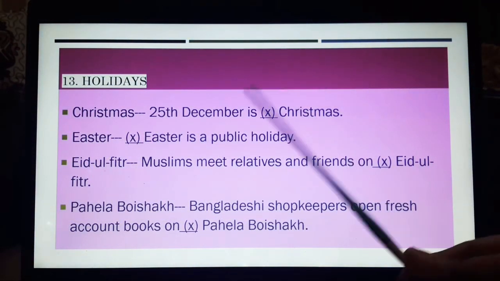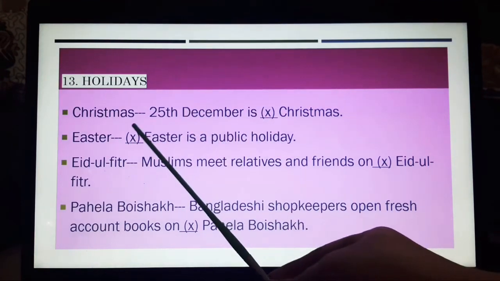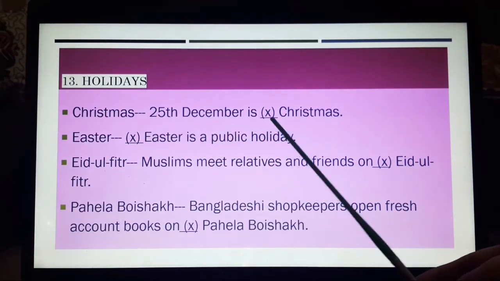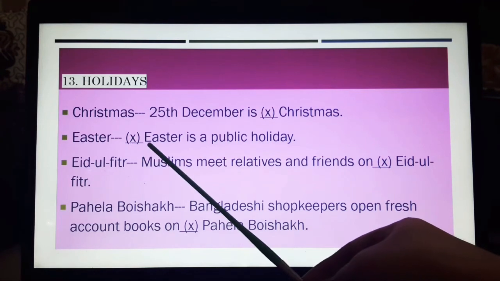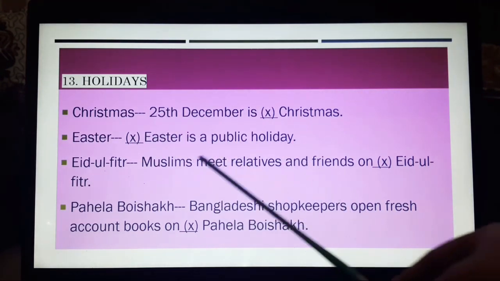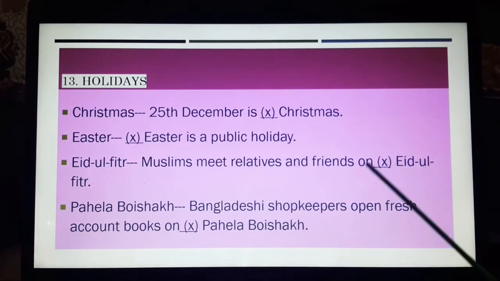Before holidays, we do not use any article. Christmas. 25th December is Christmas. Easter is a public holiday. Muslims meet relatives and friends on Eid al-Fitr. Bangladeshi shopkeepers open fresh account books on Pahela Boishakh.